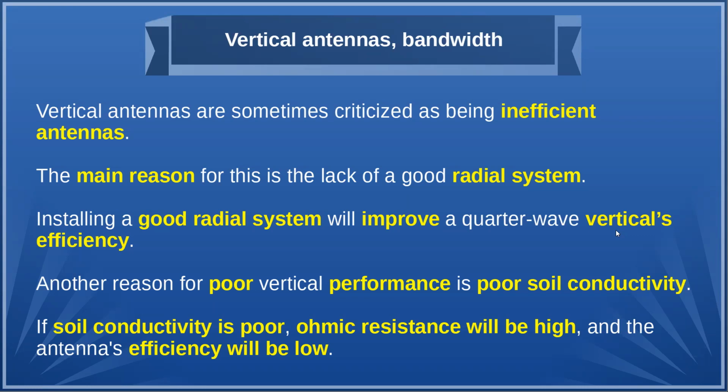Okay, vertical antennas. They're sometimes called inefficient antennas. I can verify that. I have one. It works on all bands, but gain is like zip. Well, compared to other things. They claim one of the reasons they're not as efficient is because of the radials, where they may not even have any.